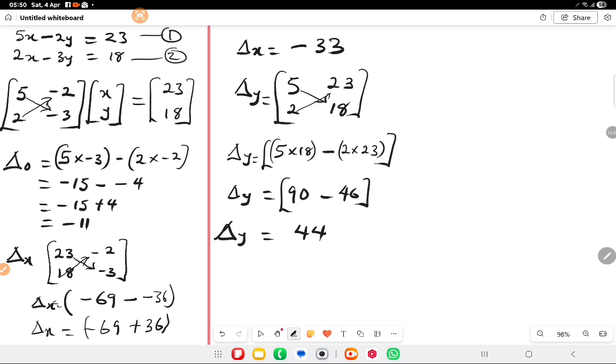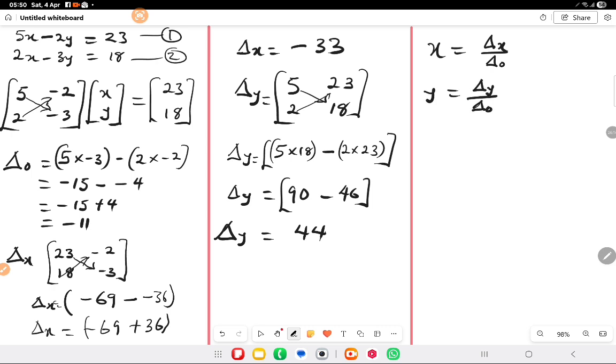Now to get x and y, we have x equals determinant x all over determinant delta, and y equals determinant y all over determinant delta. Determinant x is minus 33, all over determinant delta, minus 11, which gives us 3.